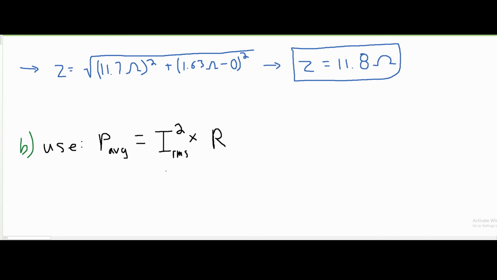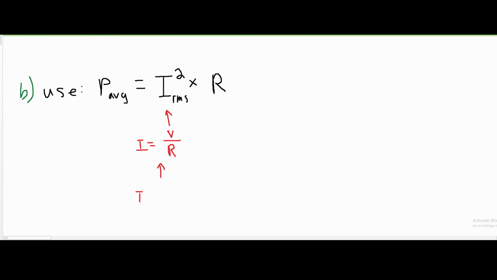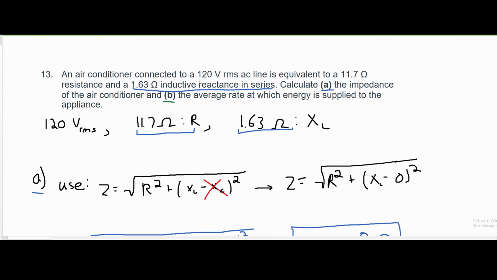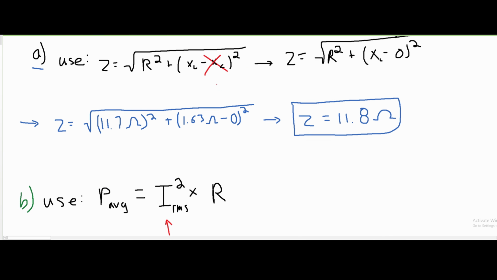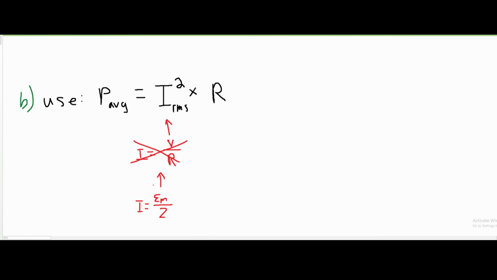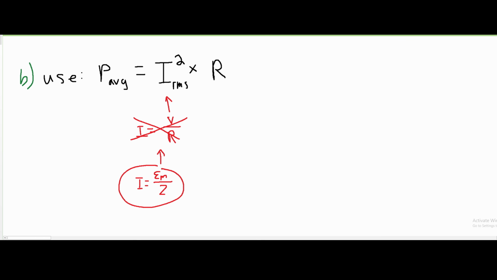We can rewrite our I, because we know our I is equal to voltage over resistance, or we know this as I is equal to the alternating EMF over Z, because we don't have voltage. We are given 120 RMS, but this is actually the alternating EMF. We're actually skipping over this, and we are going to use this right here.